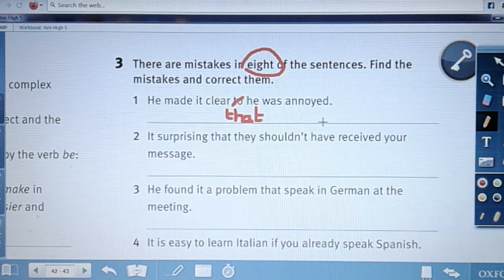Thus the sentence would be, he made it clear that he was annoyed. Okay, so now try to find mistakes in 7 other sentences, since we have discovered one of the mistakes.